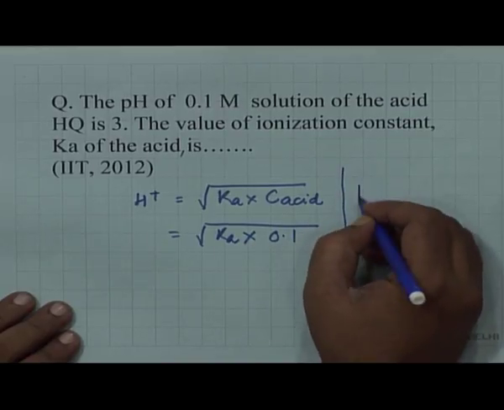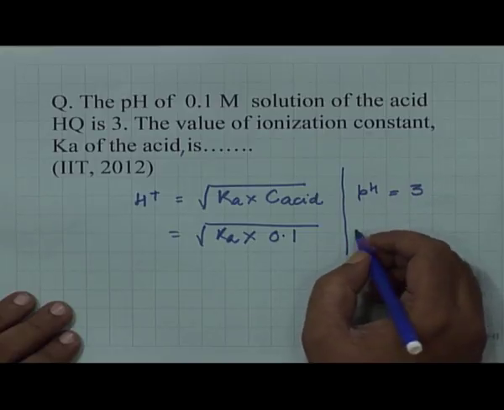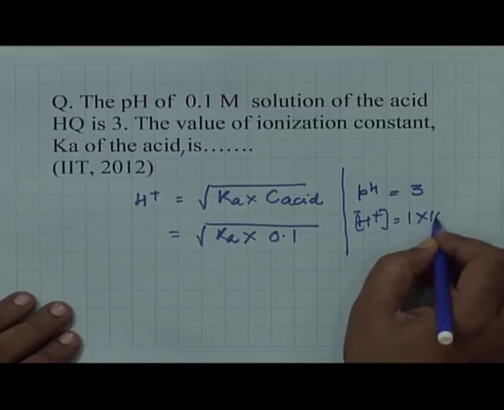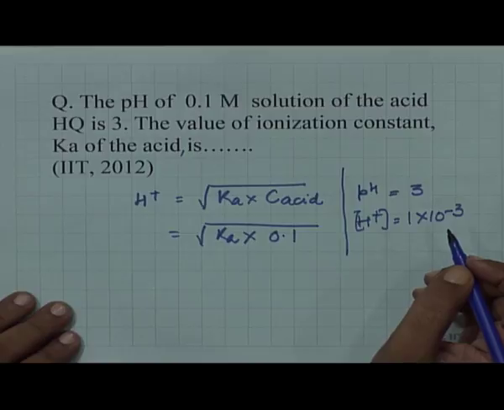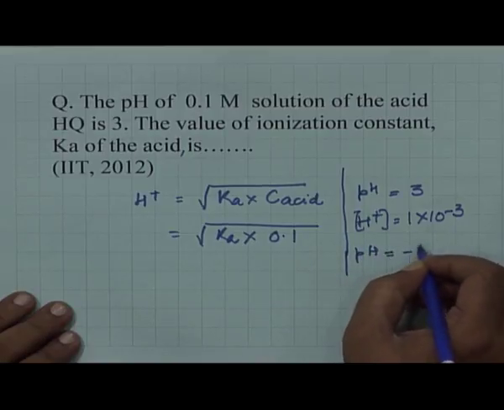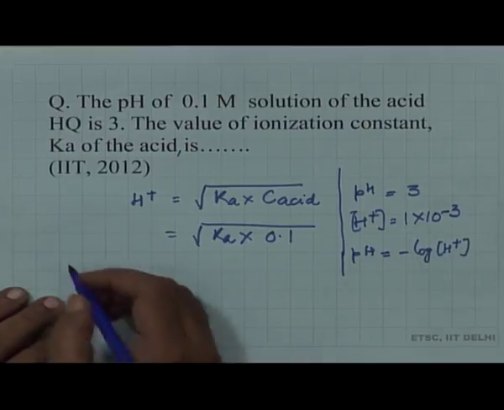What is given? pH is given, and that is 3. So, H plus ion concentration will be 1 into 10 to the power minus 3, since pH is equal to minus log H plus ion concentration.